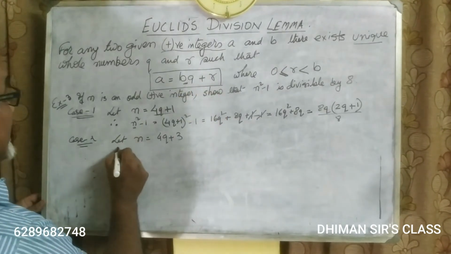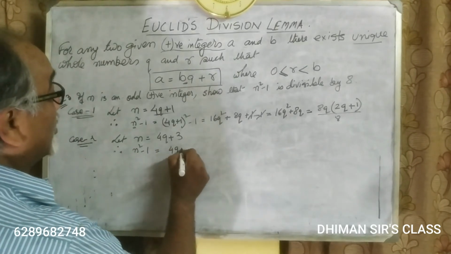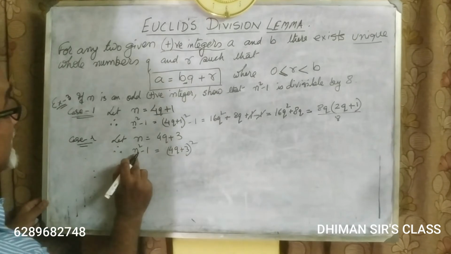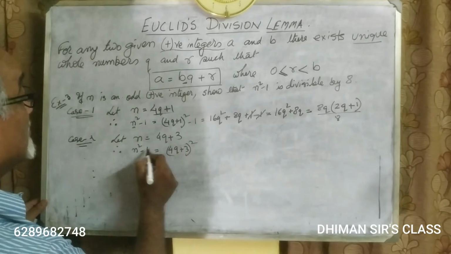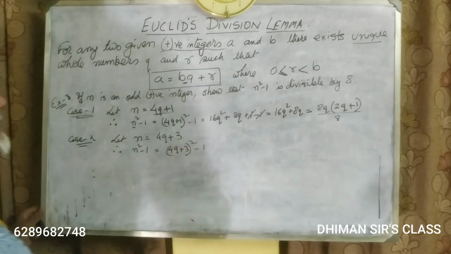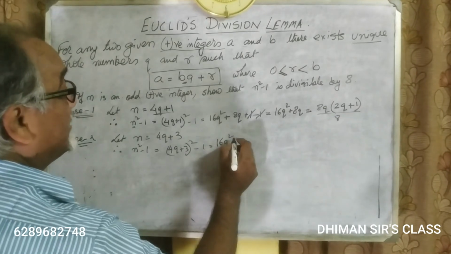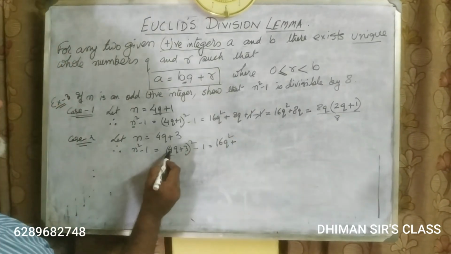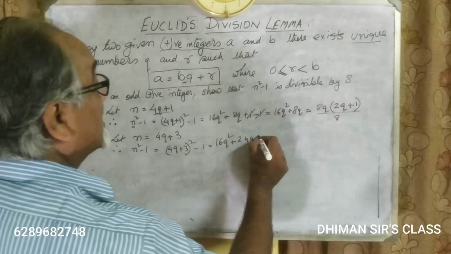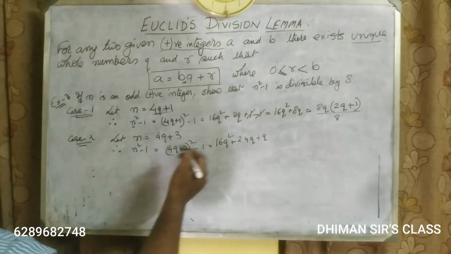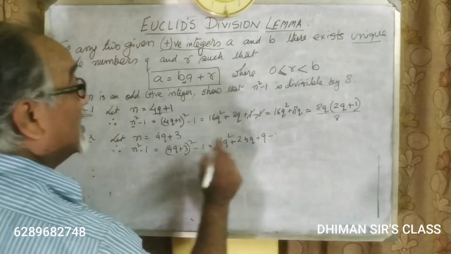Now therefore n square minus 1 is equal to (4q plus 3) whole square minus 1. In place of n, the value is 4q plus 3. So equals to 4 fours are 16q square, plus 2 fours are 8, 3 eights are 24q, plus 9. Then minus 1.